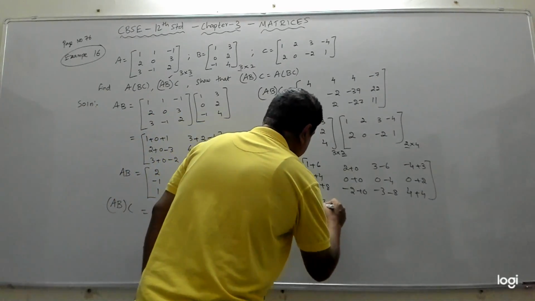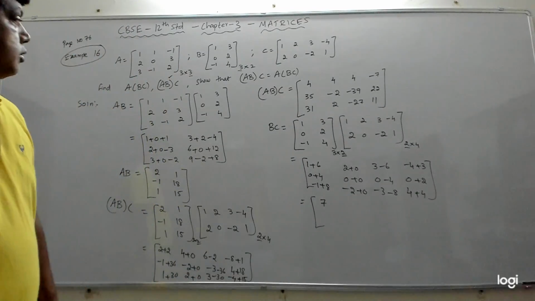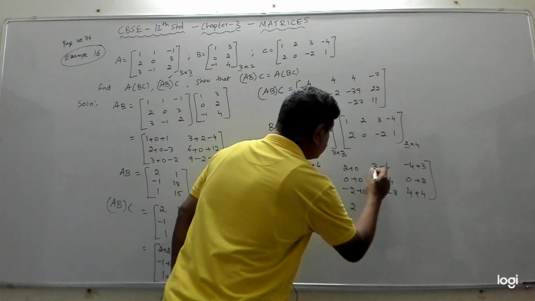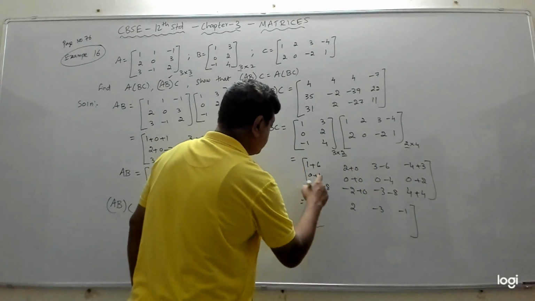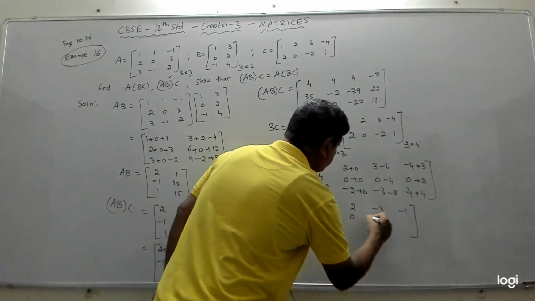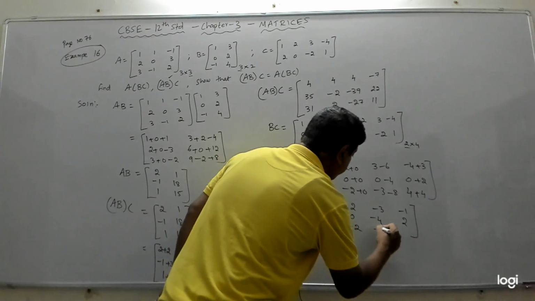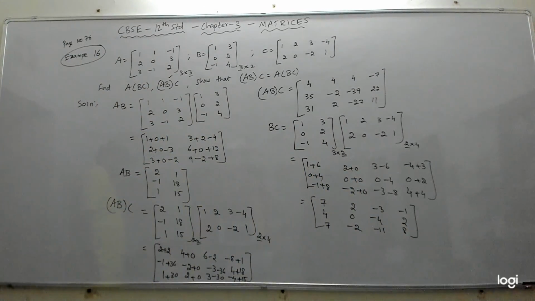We get 7, 2, minus 3, minus 1 with 4, 0, minus 4, 2, 7, minus 2, minus 11, 8. So this is our BC matrix.